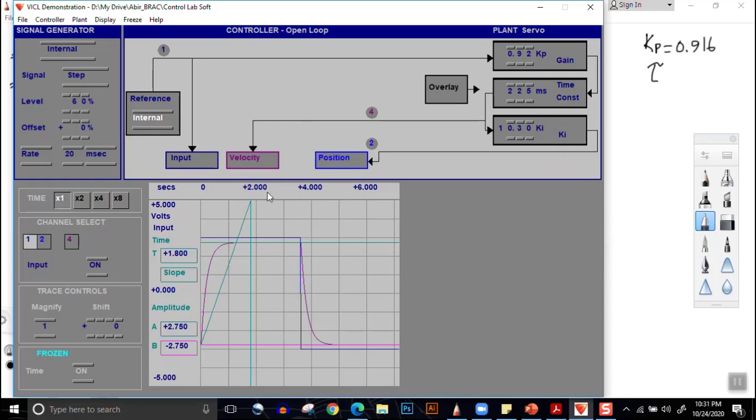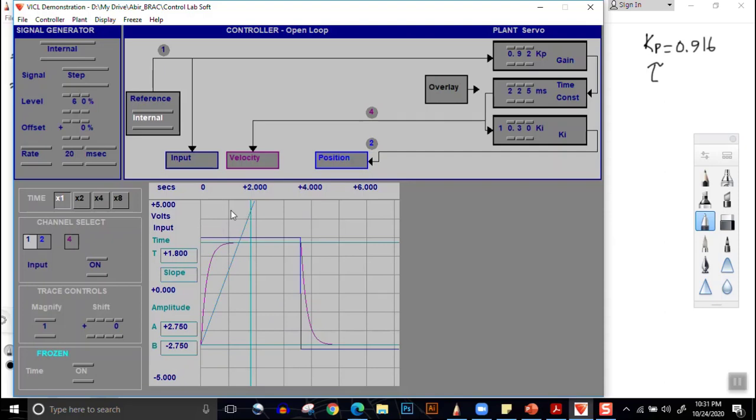initial slope method. In order to do that, we select this B and place it at the bottom level of the output, which is here, minus 2.750. After we do that, we select this slope option. We click slope and move this slope above.